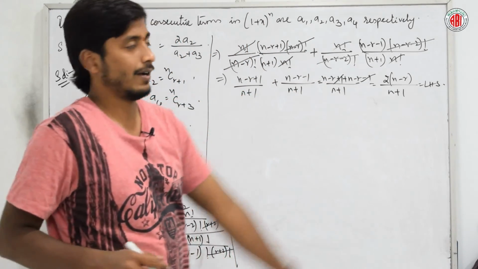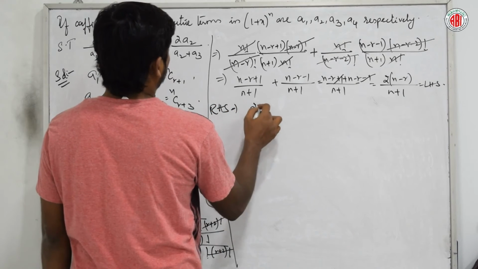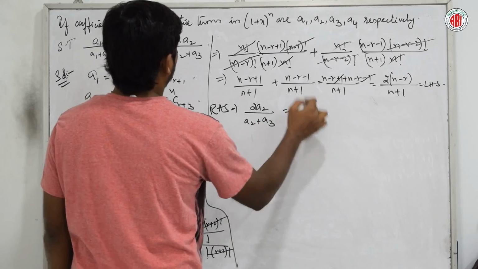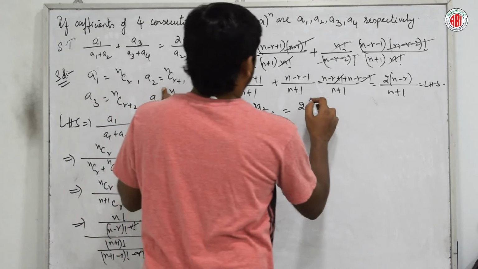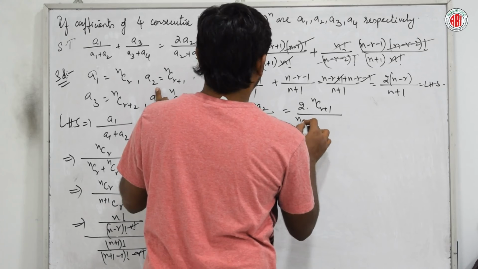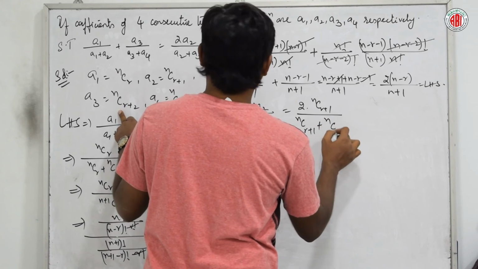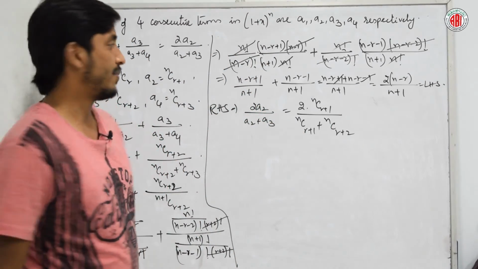So shall we check? Now see here. What is RHS? 2a2 by a2 plus a3. What is a2? NCR plus 1. Again, what is a2? NCR plus 1. a3 is NCR plus 2. Right? Now just observe here.